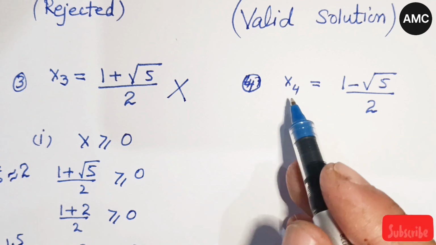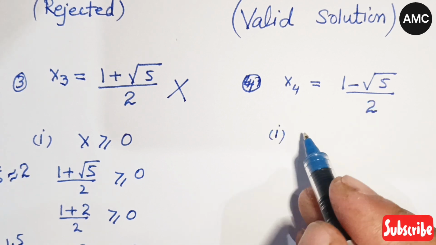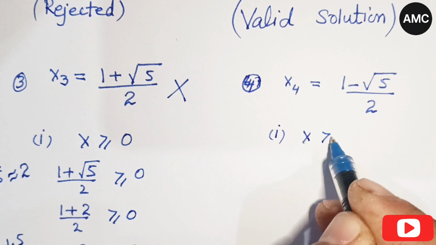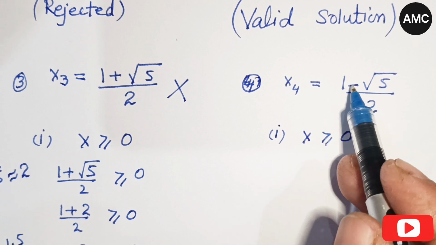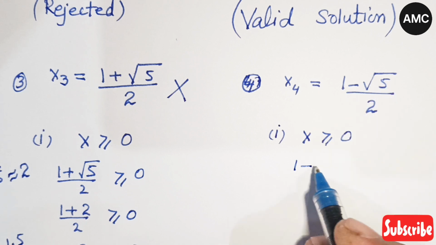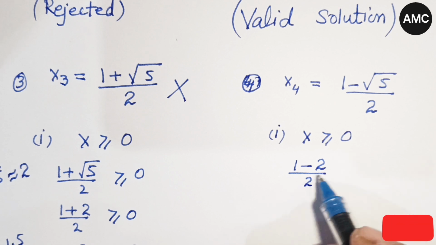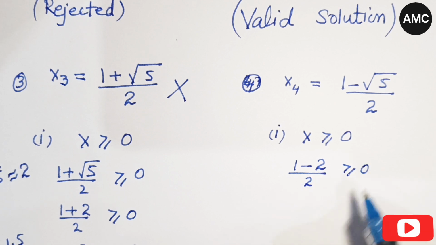So now finding x4, for the first condition, we have x is greater than or equal to 0. Here the value of x is 1 minus square root of 5, so 1 minus square root of 5 is almost equal to 2 over 2, which should be greater than or equal to 0.